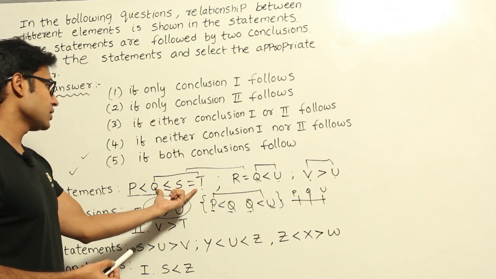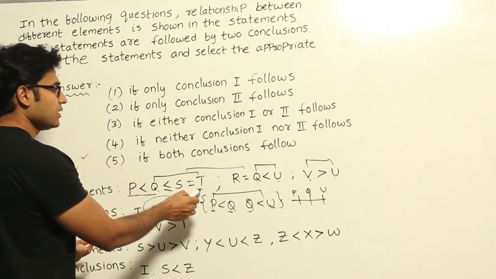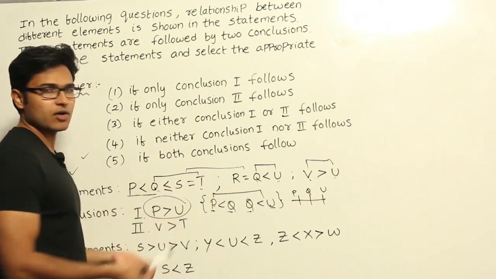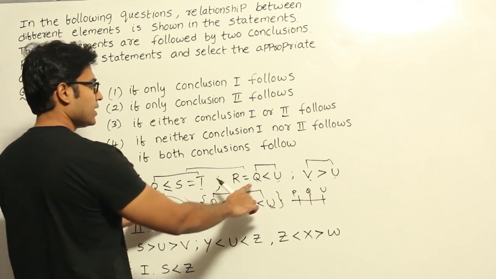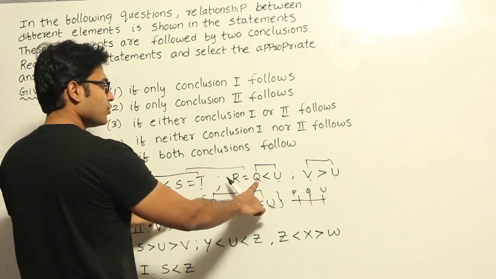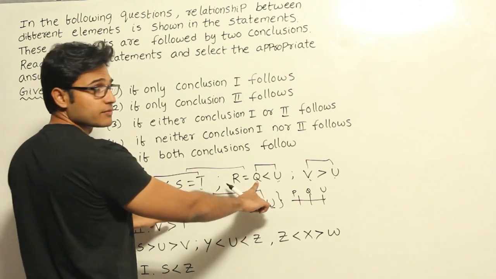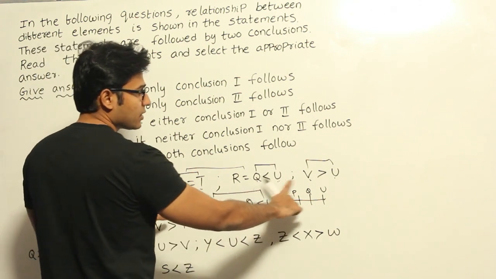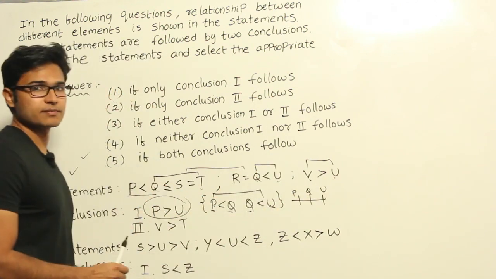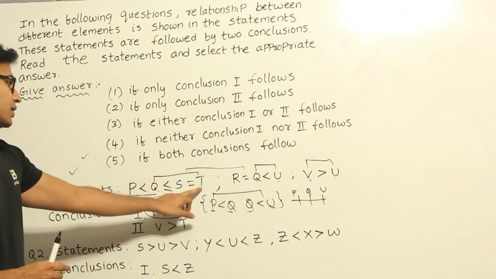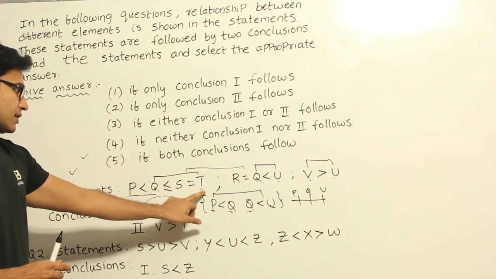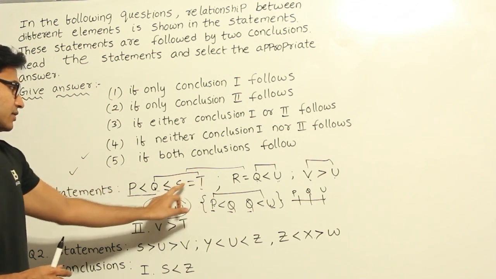Why am I interested in Q and T? Because finally I want to get T and V, but directly I'm not able to get it, and indirectly they are connected by Q. Q and T is there, Q and U is there, and U and V is there. That is why I'm picking only these. Since S is equal to T, you can remove S and directly substitute T there.